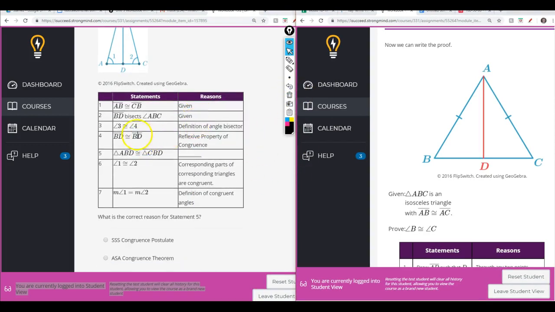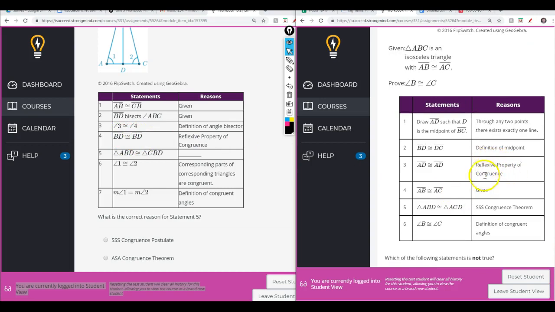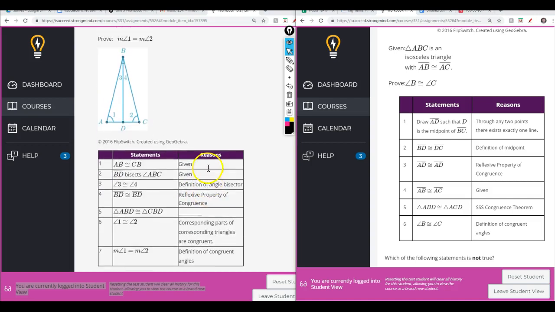It says that angle 3 is congruent to angle 4, definition of angle bisector, and then segment BD is congruent to segment BD. So I'm seeing a similarity right here, that we have the reflexive property of congruence. Let's just see. Triangle ABD is congruent to triangle CBD, and there's a blank.